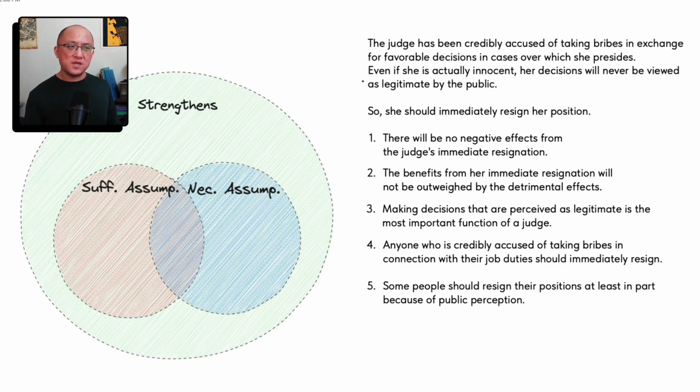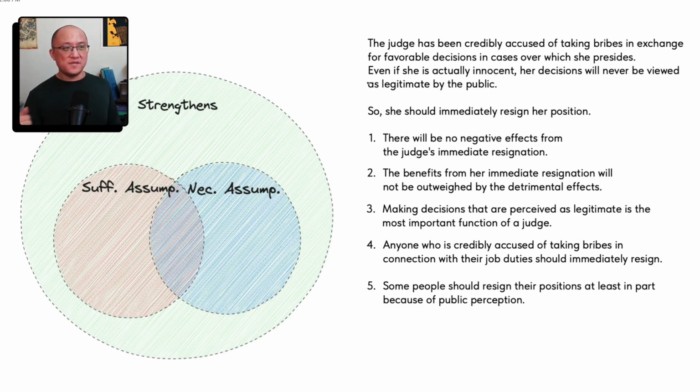I'm also thinking here, is there any downside to immediately resigning? When you're making a recommendation and you give one reason for that recommendation, there may be other factors, right? Are there things that would go against why she should immediately resign? Maybe even though the public's not going to trust her decisions, if she immediately resigns, there are some inefficiencies.